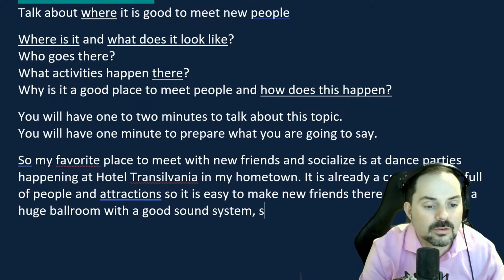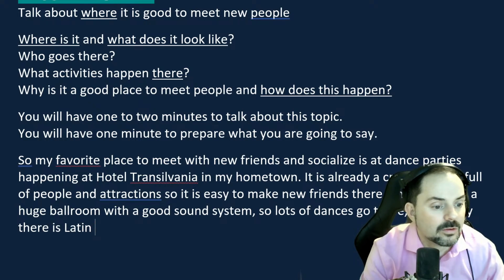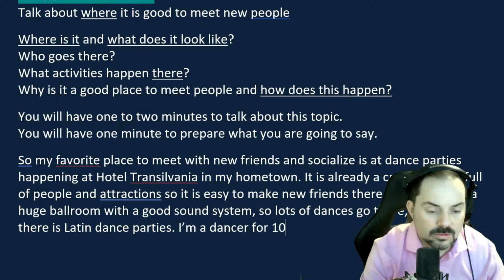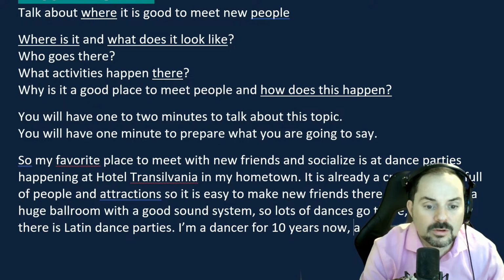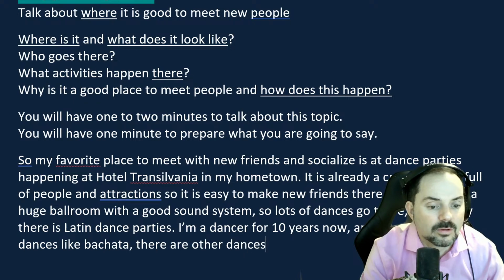Specifically, there are Latin dance parties that I'm interested in going to because I've been a dancer for 10 years, and I generally dance the social dances like bachata, salsa, cha-cha, etc. There are also other dances happening there like hip hop and tango, but these do not interest me since they are more energetic or kind of boring.